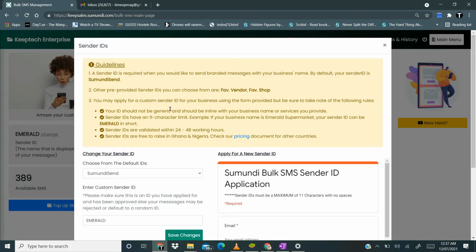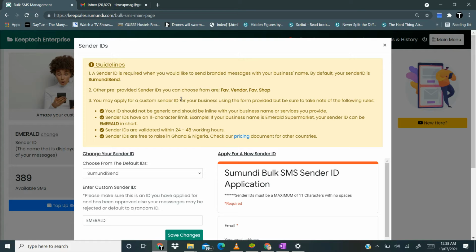So Sumundi Send is one default ID, fav.vendor is another, and fav.shop is also another default ID. These IDs will be used if you haven't applied for a sender ID or you haven't received your sender ID yet.